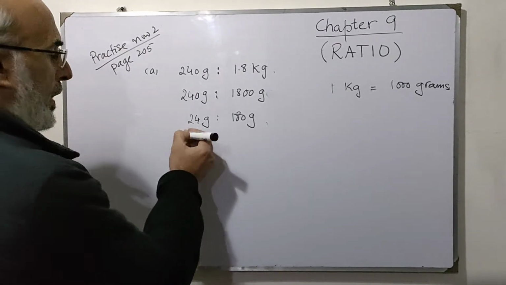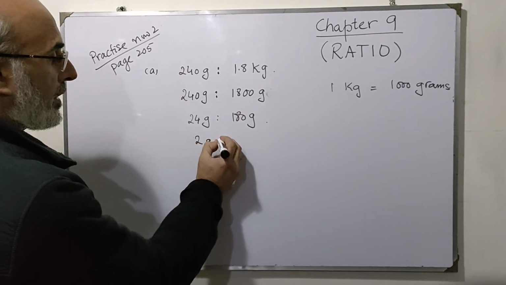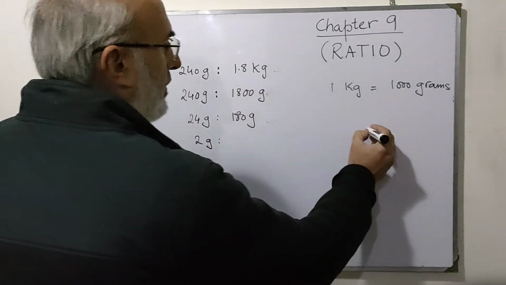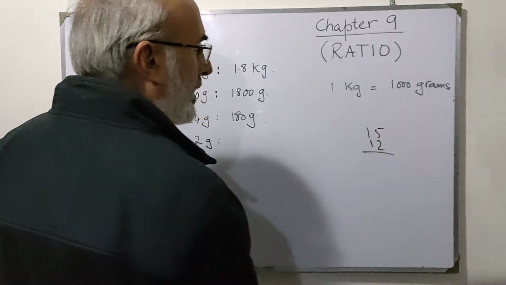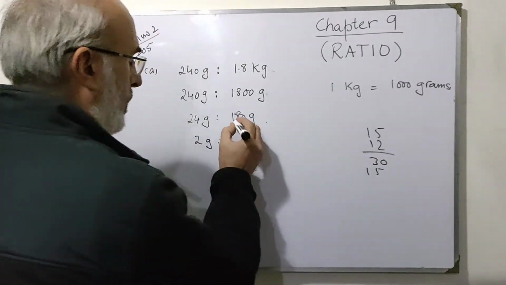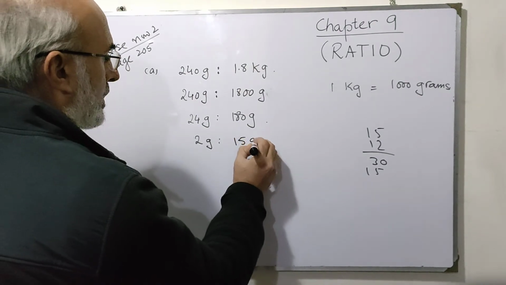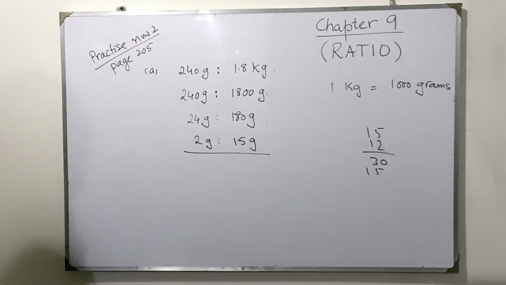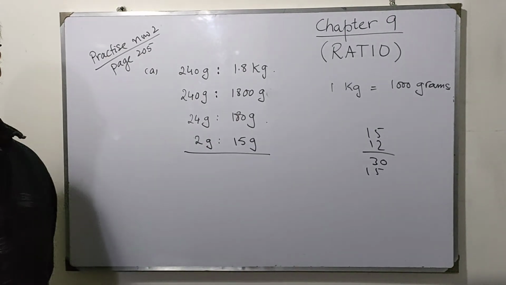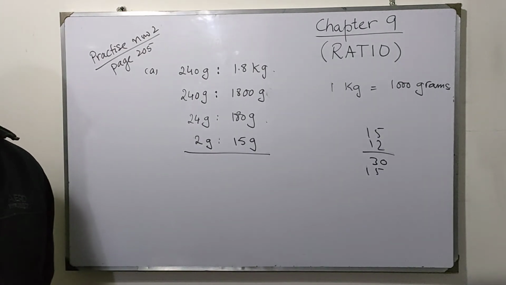Now, 12 twos are 24. So 2 grams is to 12 fifteens, if we multiply 15 with 12, what do we get? 180. So 15 grams. Now this is the simplest form. Okay. The ratio of the two quantities whose measurement was given in grams is now in the simplest form.